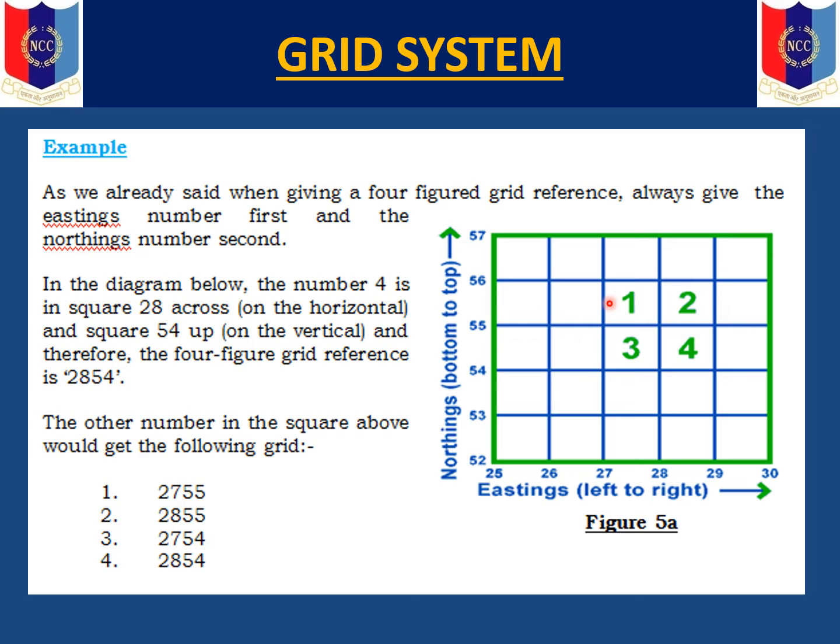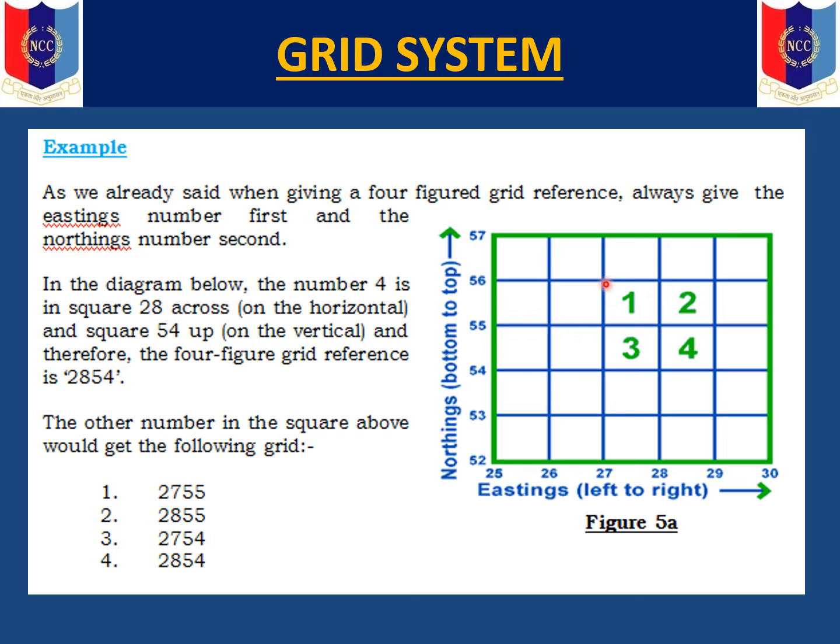As one of the rules says, the grid reference will be given as eastings and northings, and eastings should be referred first. So what are the lines which are enclosing this square? They've got 2 vertical lines and 2 horizontal lines. As I said, the vertical lines are called eastings, horizontal lines are called northings.